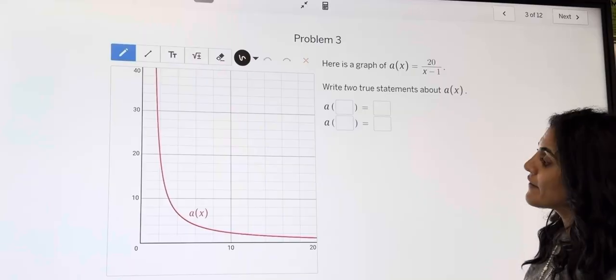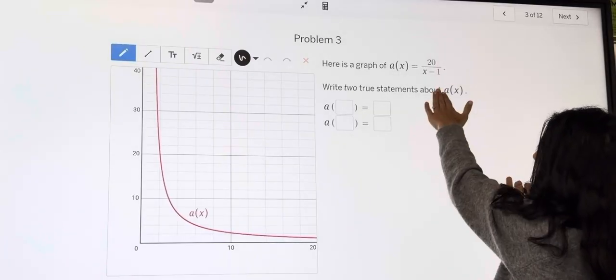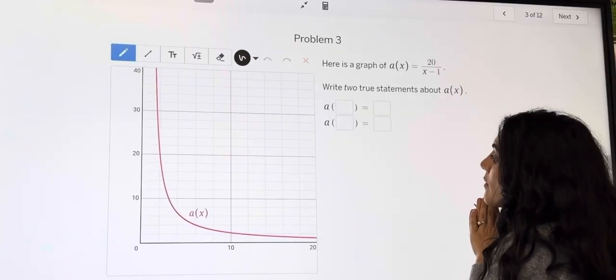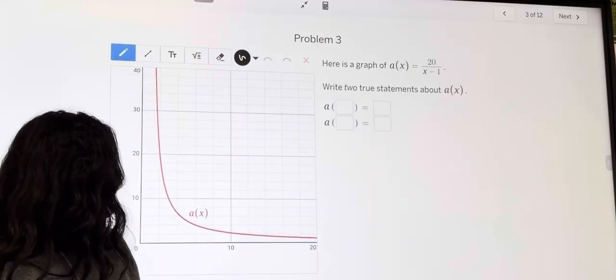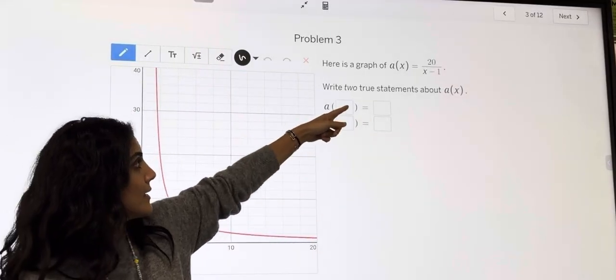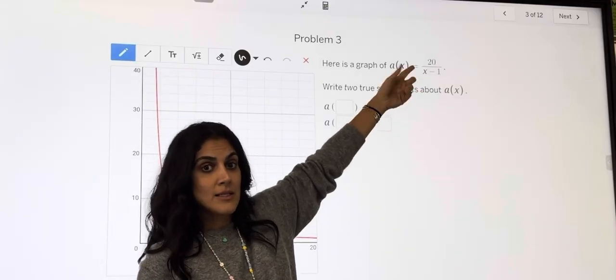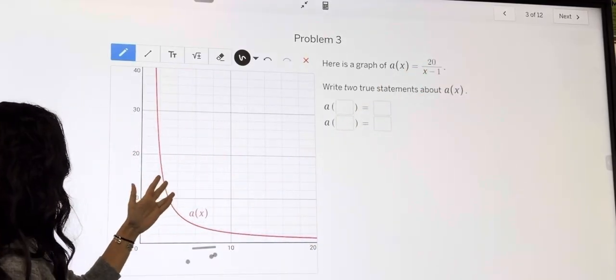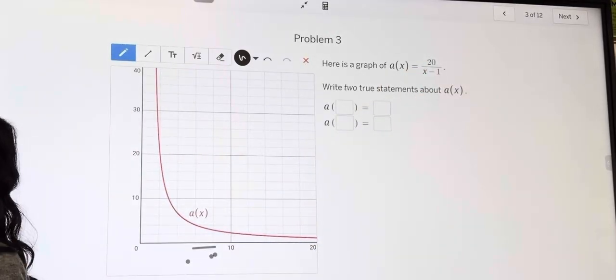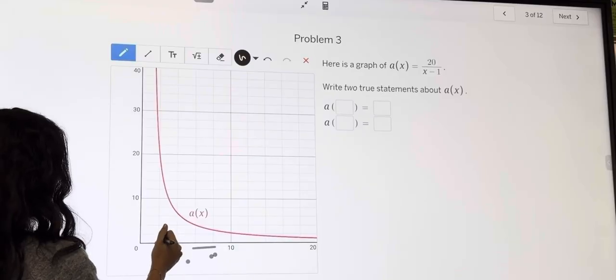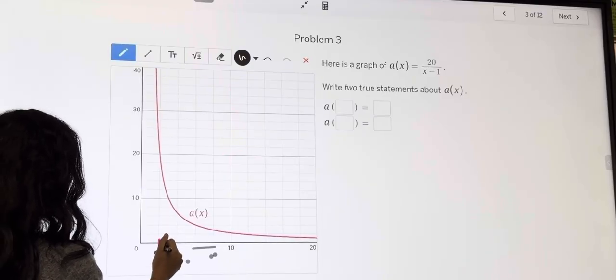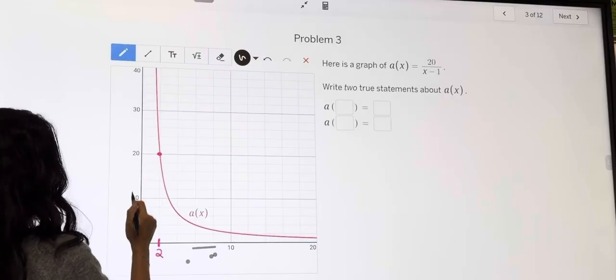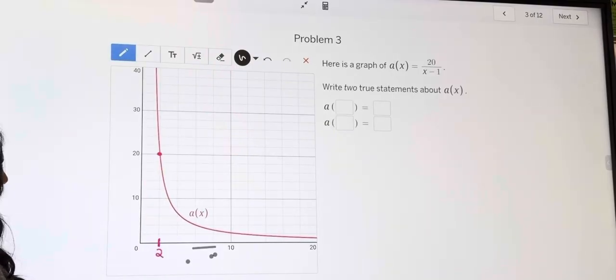Next, we have a graph of A of x, and that's A of x. They want me to write two statements that are true about it. You can do this a couple different ways, you guys. You can plug in values and calculate, or you could look at the graph. For example, I notice that when x is 2, it looks like y is 20, all right?